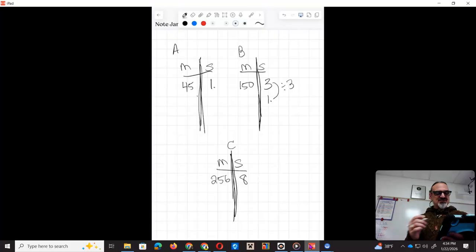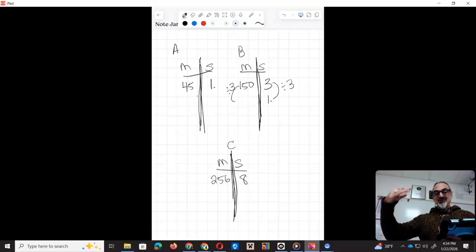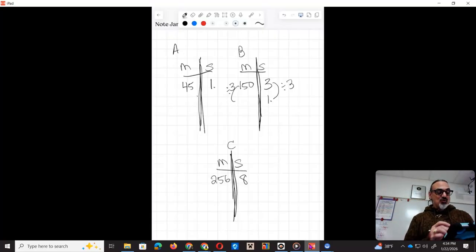It's not the same distance. So in order to reason proportionally, I have to divide both sides by the same amount. So I'm either scaling up by multiplying or scaling down by dividing. Well, I know that 15 divided by 3 is 5, so then I know that 150 divided by 3 is 50. All right, so I already got my unit rate for this one and my unit rate for this one.